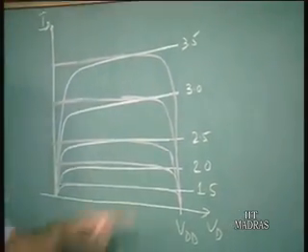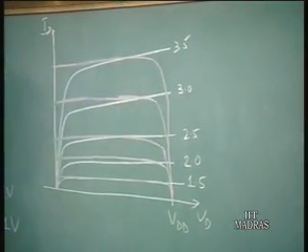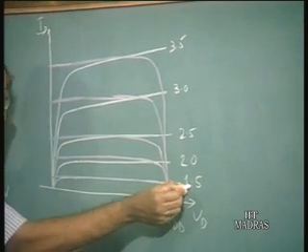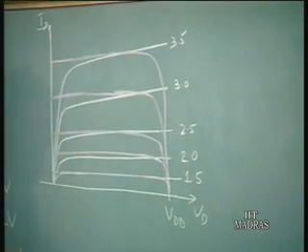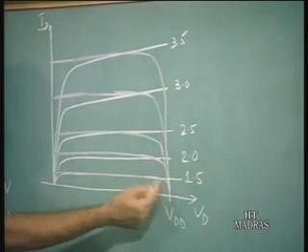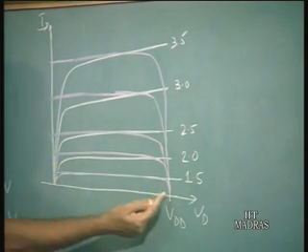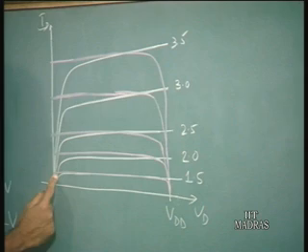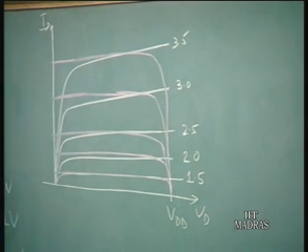Okay. This is for the NMOS transistor. So, these are the characteristics for the NMOS transistor at gate voltage of 1.5, 2, 2.5, 3, 3.5. Similarly, we have the characteristics for the PMOS transistor. So, this is the characteristics of the PMOS transistor when the gate to source voltage is minus 1.5 volts.